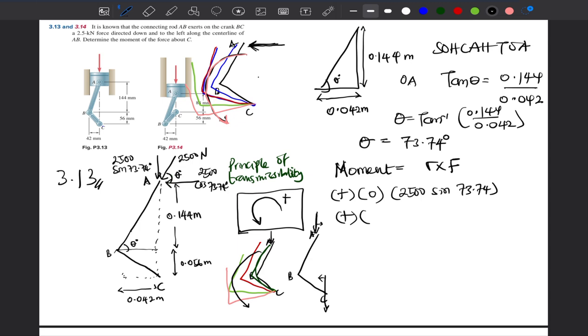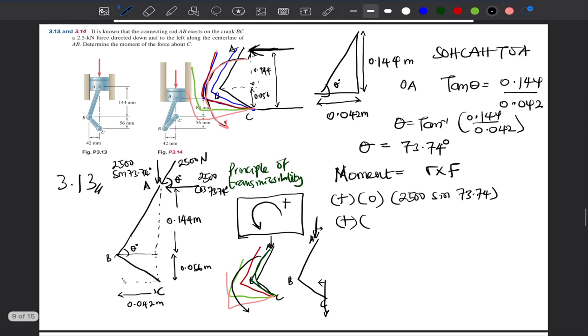We take the parallel along A along the force, then a similar parallel at C. Then we look at the distance between them. And according to our diagram, you have here 0.144, you have here 0.056.